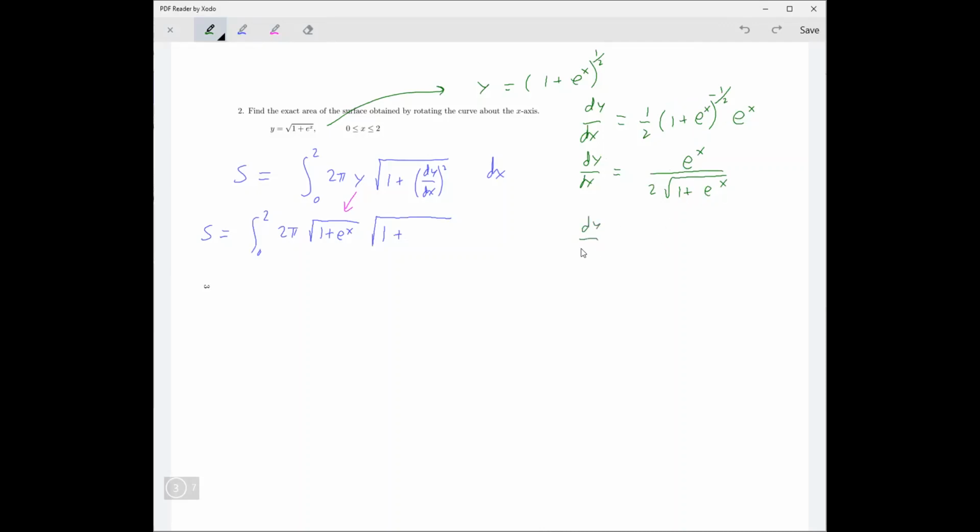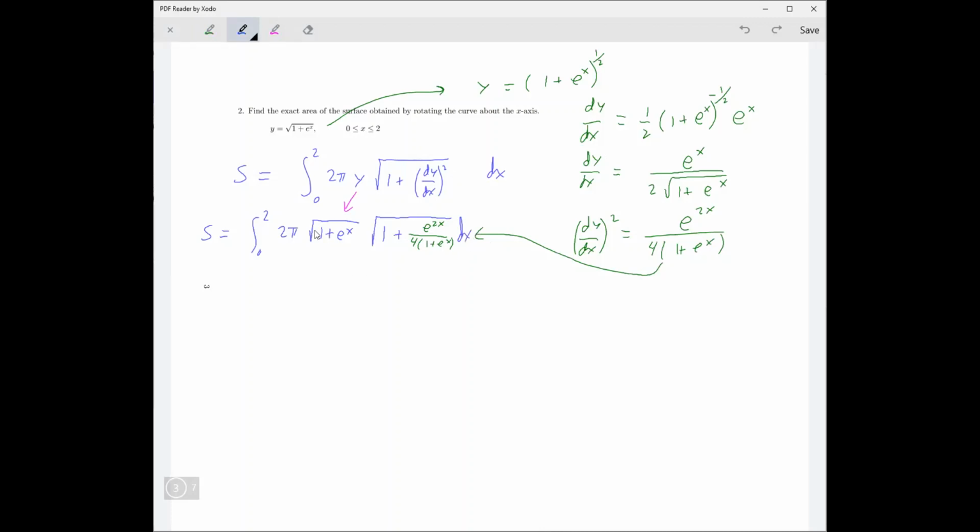So now when I square it, I get e to the 2x over 4 times 1 plus e to the x. Okay, so that's what I put in here. And then on the end we have a dx.